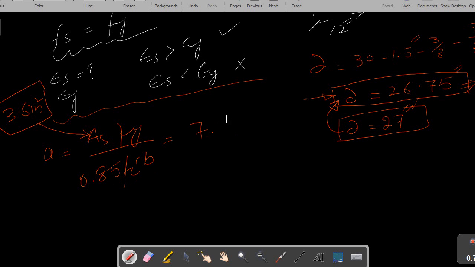The a value will be 7.058. Then we calculate the c value. The c value will be a divided by beta 1. Beta 1 is 0.85, and a is this value, so from this I got 8.30. This is my c value.